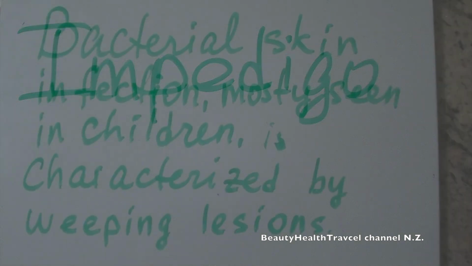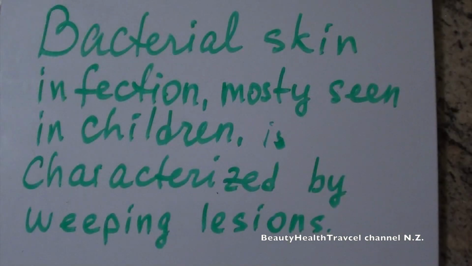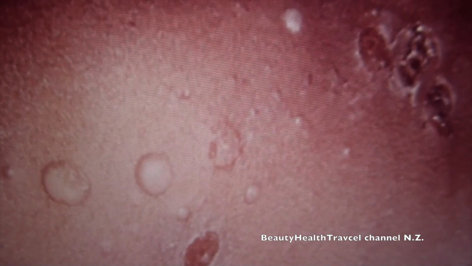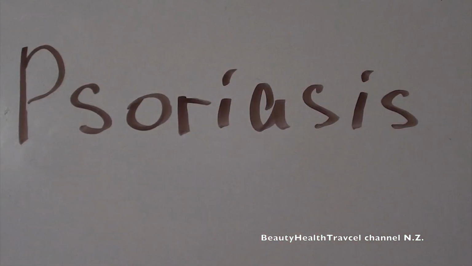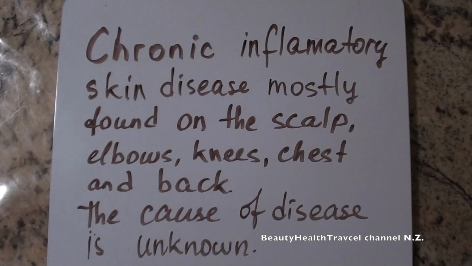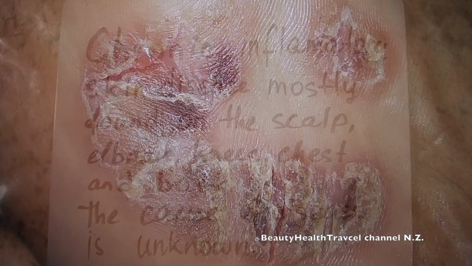Impetigo, bacterial skin infection, mostly seen in children, is characterized by weeping lesions. Psoriasis, chronic inflammatory skin disease, mostly found on the scalp, elbows, knees, chest and back. The cause of the disease is unknown.